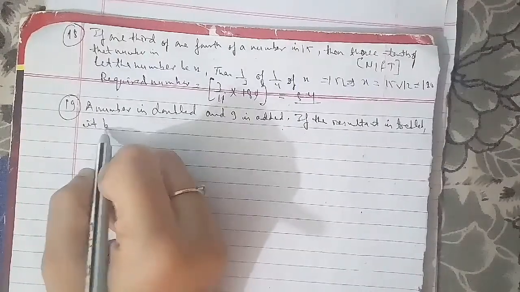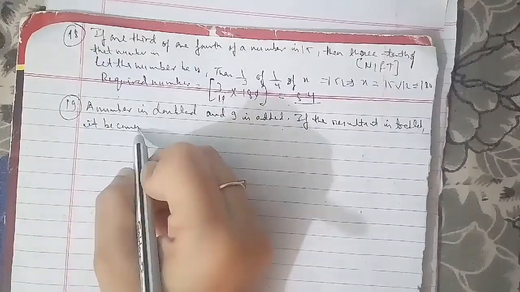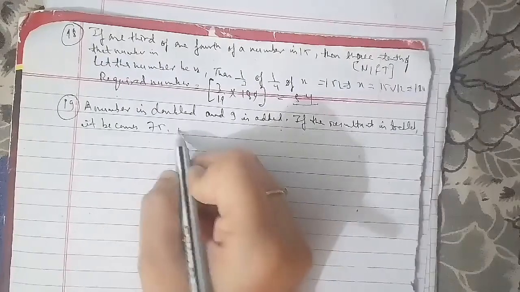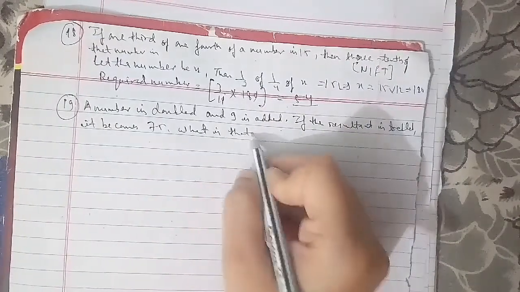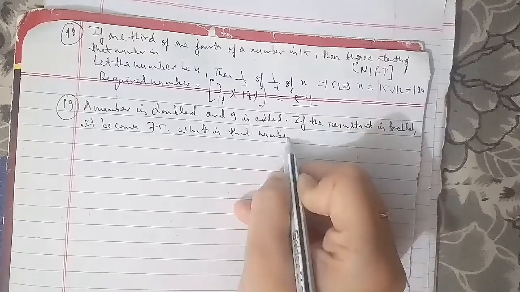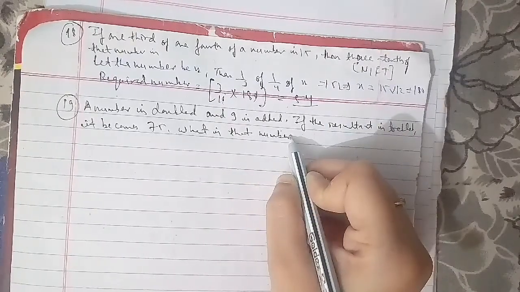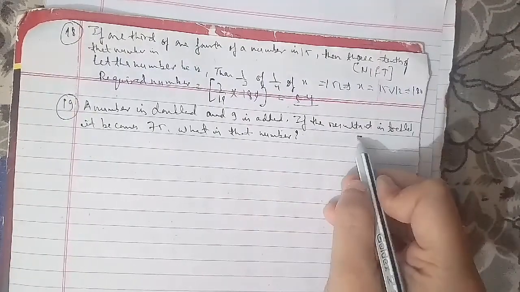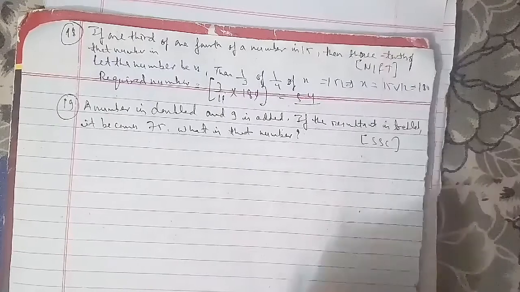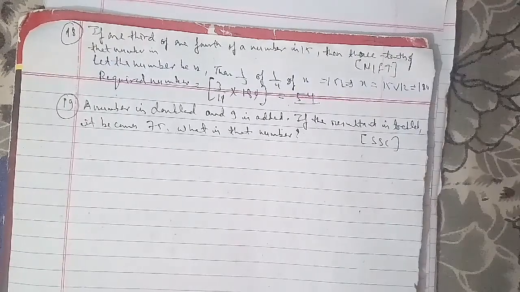What is that number? This has been asked in the SSC examination paper. The options we have are 3, 5, 6, 8, and none of these. So we'll have to find that out, which goes as follows. Let's go ahead. Let the number be x.